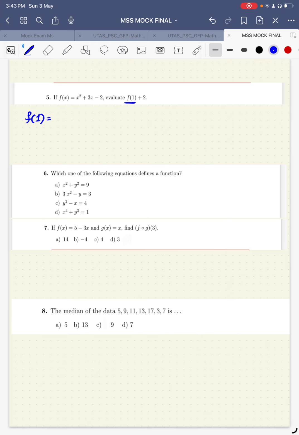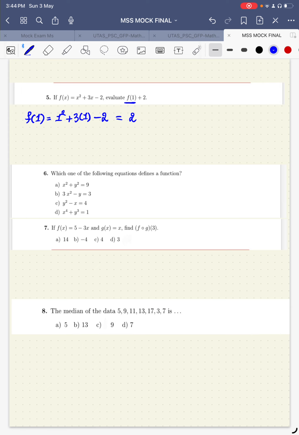So instead of writing x squared, I'm gonna write 1 squared, and instead of 3x, I'm gonna write 3 times 1, minus 2. You can be very direct with that, and you're gonna get 2, because 1 plus 3 is 4, and 4 minus 2 is 2.